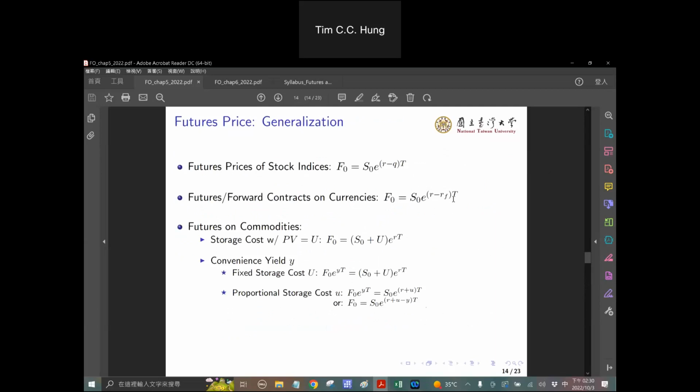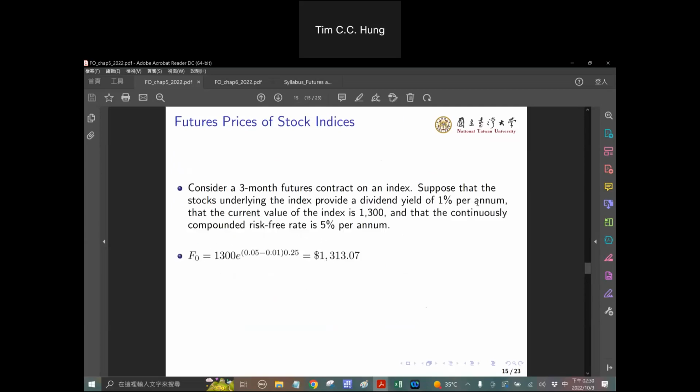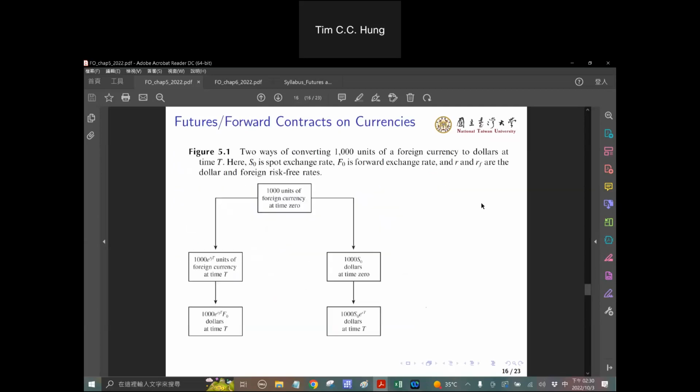Sorry, let me correct myself. The interest rate in the domestic country minus the interest rate in the foreign country. This r_f over here stands for the interest rate in the foreign country. Multiplied by the time to maturity, the time horizon that we plan to make an investment, the time to maturity of this foreign futures contract.